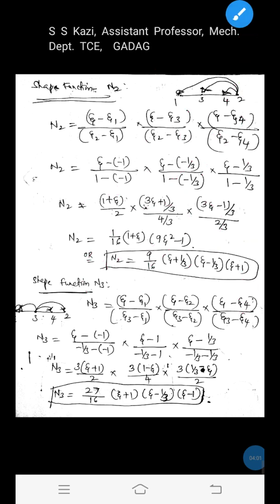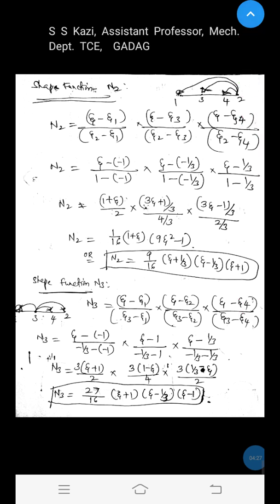For n2, you can observe I wrote k is equal to 2, that is zeta 2 in each denominator, but I is going to vary: zeta minus zeta 1 divided by zeta 2 minus zeta 1. Next, third node, zeta minus zeta 3 divided by zeta 2 minus zeta 3. Fourth node, zeta minus zeta 4 divided by zeta 2 minus zeta 4.